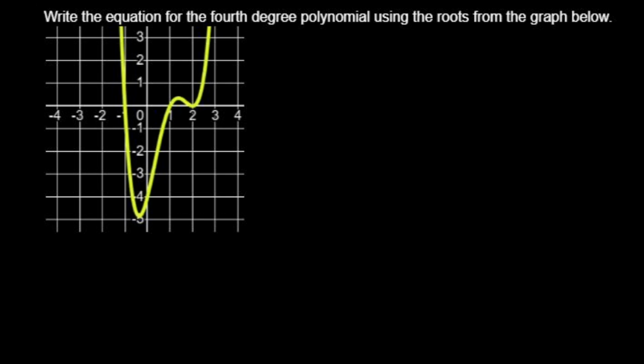Okay, so in this example, we're supposed to write the equation for a 4th degree polynomial using its roots from the graph below. It's very important to understand that if it is a 4th degree polynomial, the most roots it can have is 4.